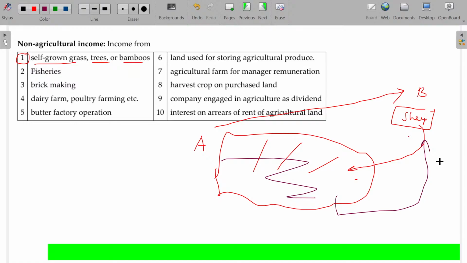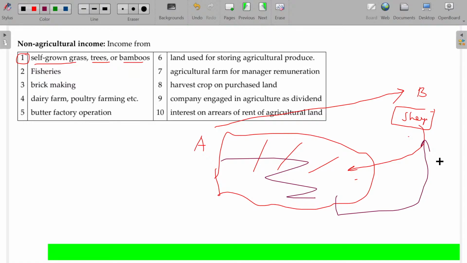But if I cut the grass and sell it to the shepherd, will it be agricultural income? No, because it grew spontaneously. I have not taken any responsibility to grow it. I didn't work for that. If everything grows spontaneously, just like you get the BCom, once 3 years is over, spontaneously you'll get the degree. You don't make any more efforts for that. But in case of CA and CMA, of course, you won't get the degree spontaneously.